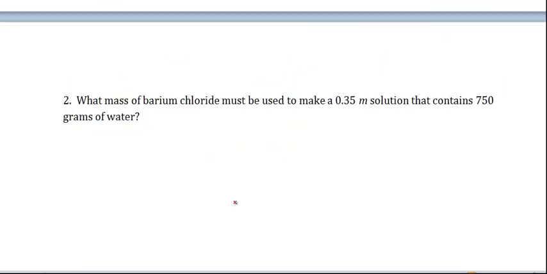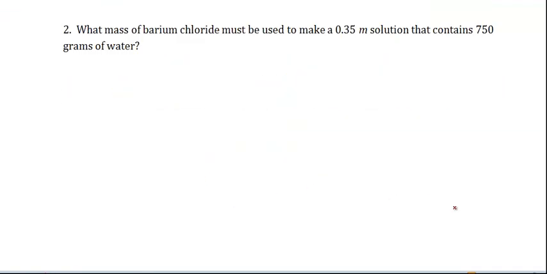Okay, so let's go down. What about number two? Again, same thing. When you're doing a molality problem, it's really good to have the definition somewhere, like up in the corner. So now I'm going to abbreviate this a little bit. I'm going to say moles over kilograms.